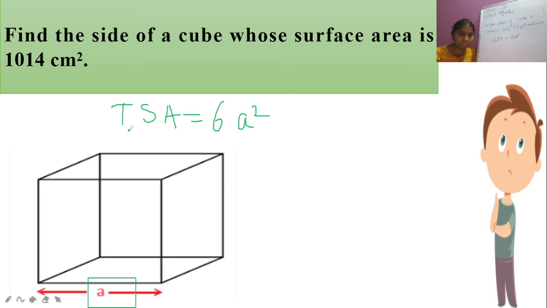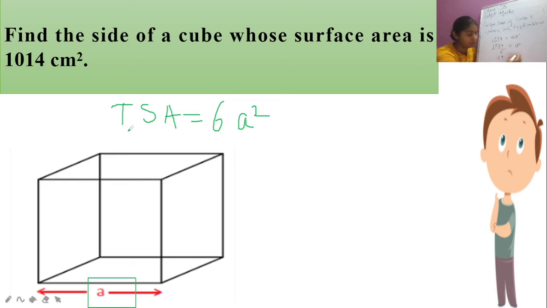Okay students, I guess you have completed your task. So let's do it together, for those who have not done. We will shift this 6 to the left hand side, we get a square. When you divide it, you will get 169.